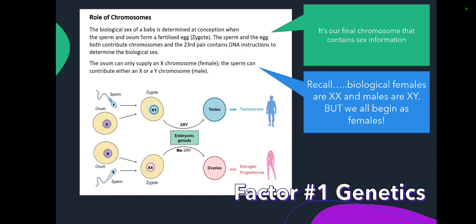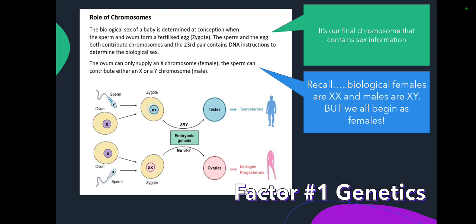So we're going to consider genetics first. This is our first factor, and I do have your booklet screenshotted there at the moment. What we're going to start by saying with this factor is that the biological sex of a baby is determined at conception, an idea that you're already familiar with.